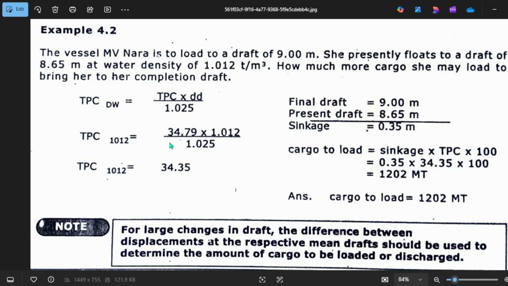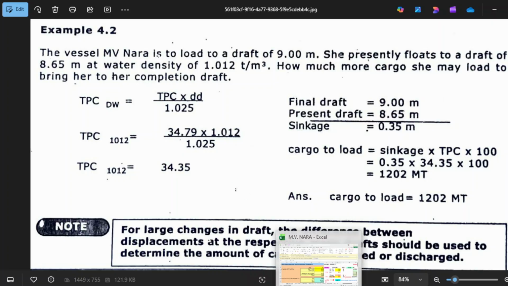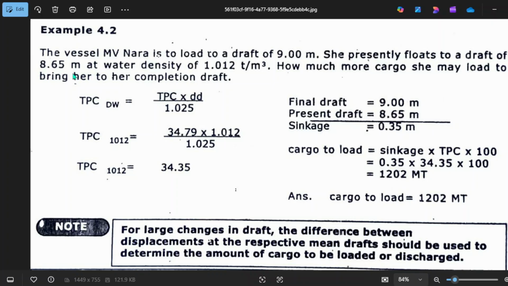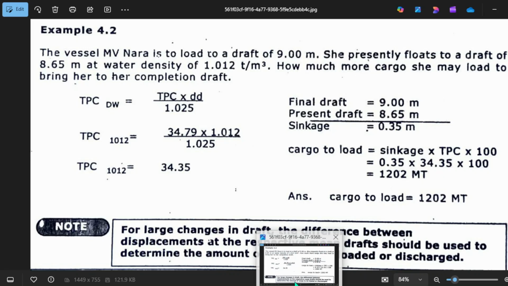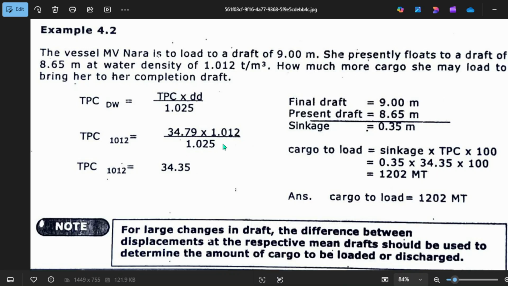The TPC at a draft of 8.65 is 34.79, times your density of 1.012 over 1.025.